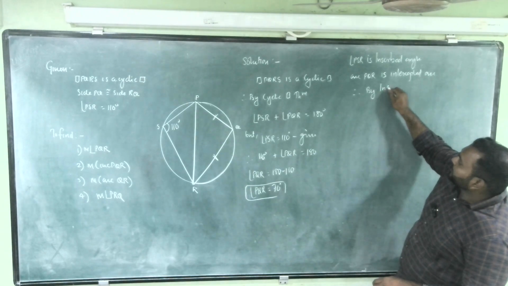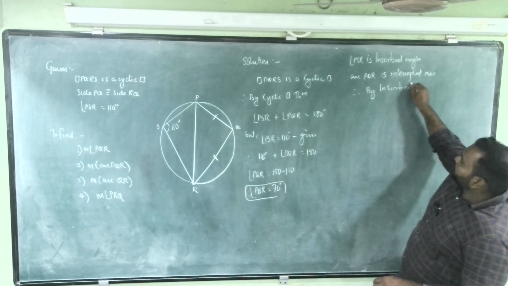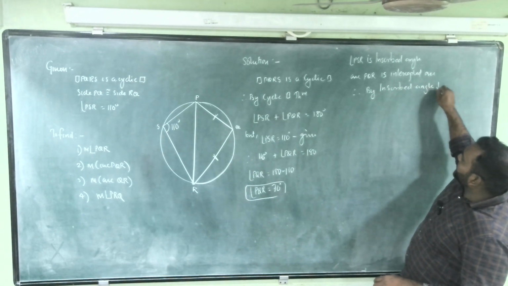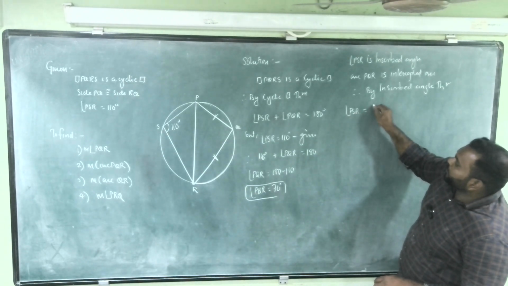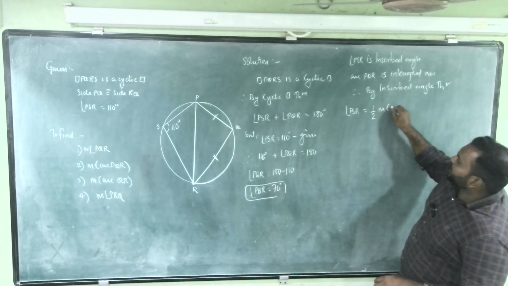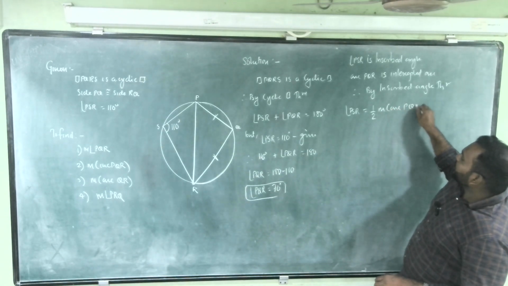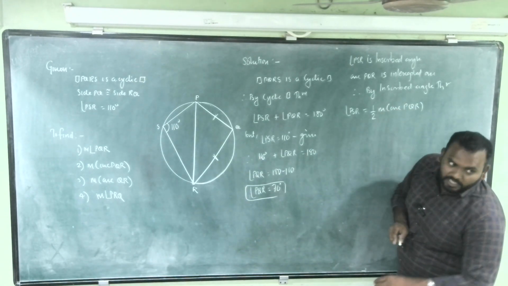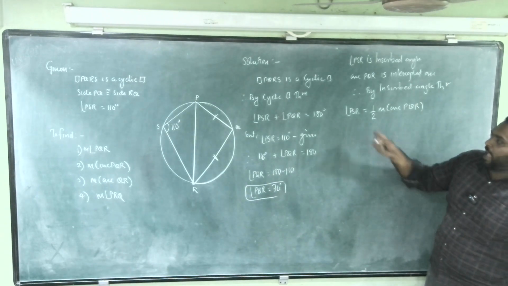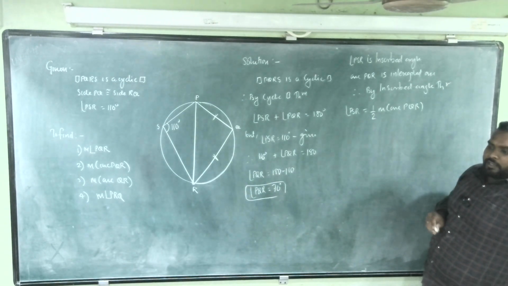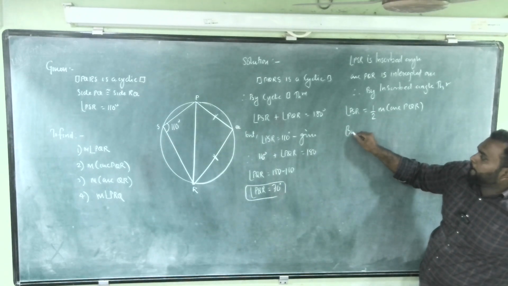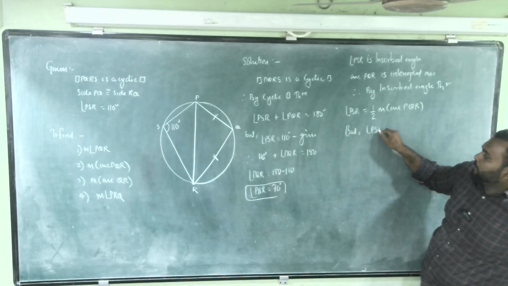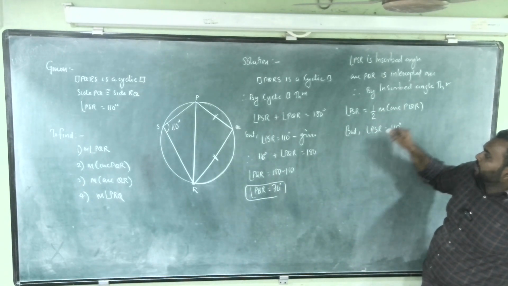By inscribed angle theorem, angle PSR will be equal to half the measure of arc PQR. Why did I write this? Because the theorem says that the inscribed angle is half the measure of the intercepted arc. So angle PSR कितना है? PSR is 110.